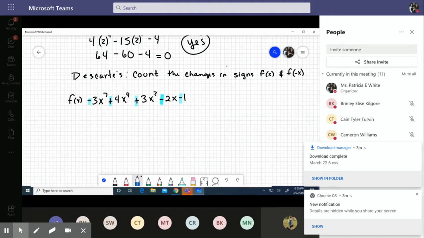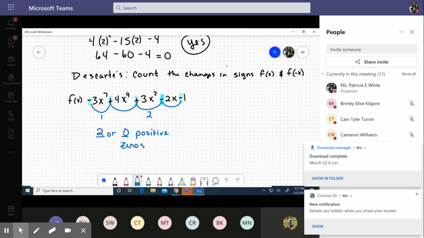When I look at this, I go from a negative 3 to a positive 4. There's one change. Go to the next sign, it stayed positive, no change. Go to the next sign, there's another change. So there's 2, stayed negative. So I have 2 or none positive zeros.